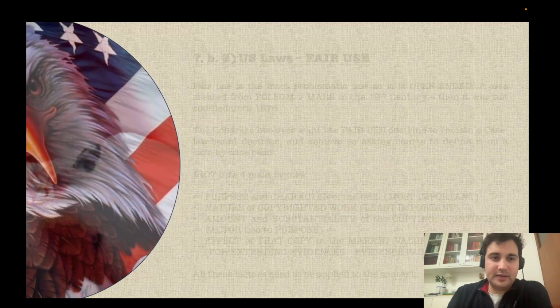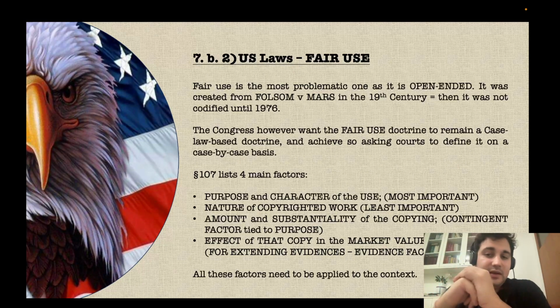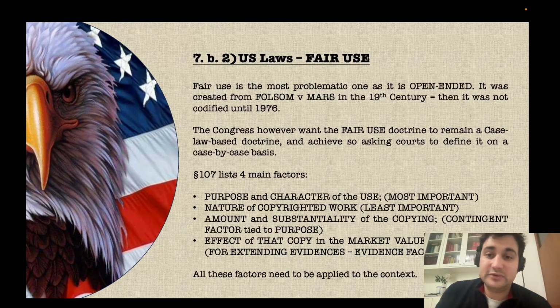Okay. Then the fair use doctrine is very important, because in the US the fair use doctrine doesn't generate from the copyright source, but is a dialogue that started in court and stayed in court basically. And indeed the first time it appears is in Folsom versus Marsh in the 19th century.